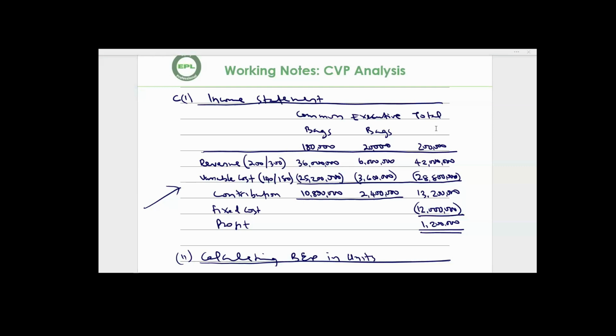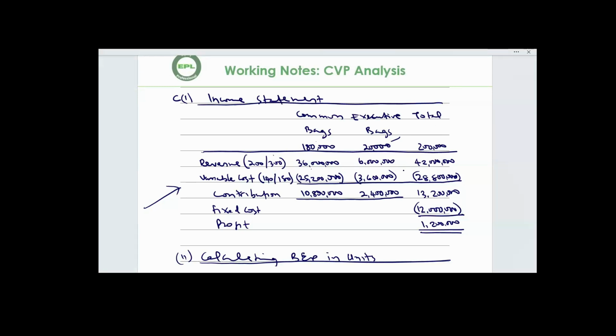Therefore, out of the 200,000 units that will be sold, 20,000 is for executive. So if 20,000 is for executive, it means that 180,000 is for common. Therefore, all you need to do is to multiply the selling price per unit of common, which is 200 naira, by 180,000. That will give you 36 million. For executive, 300 naira multiplied by 20,000 units will give you 6 million.